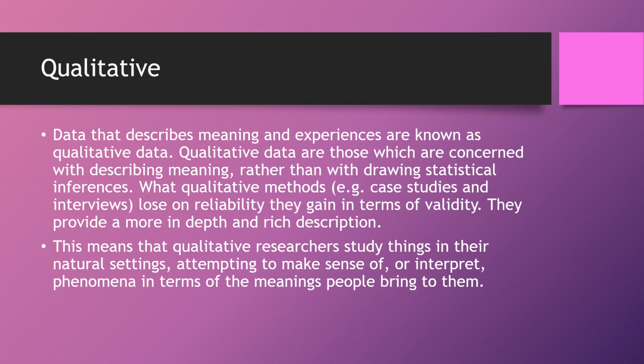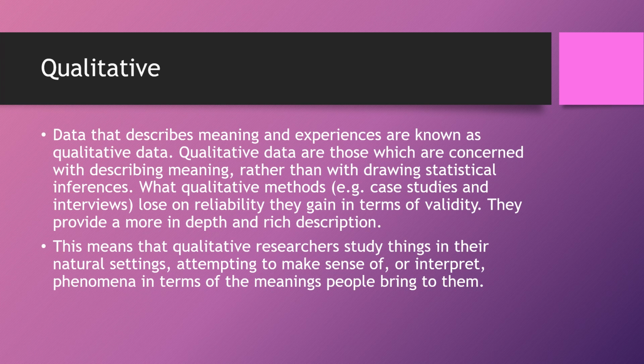So if you think of the case of HM back in cognitive, you will have diaries and detailed written narrative observations of the things that he could and couldn't remember, how he felt, and so on. So qualitative data is all about describing the meaning, the depth, the detail, rather than looking at statistical or numerical trends.